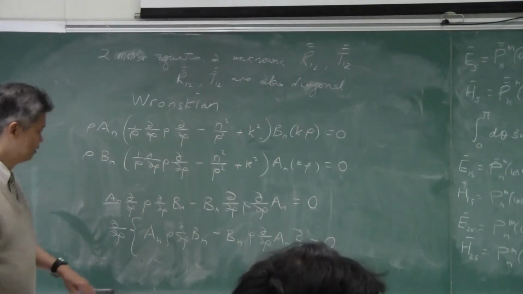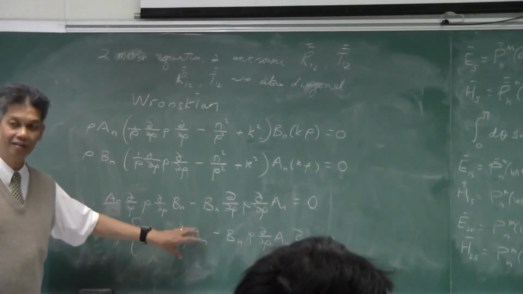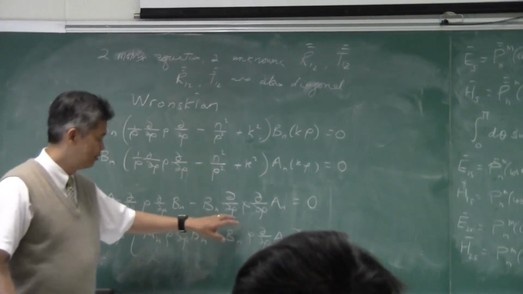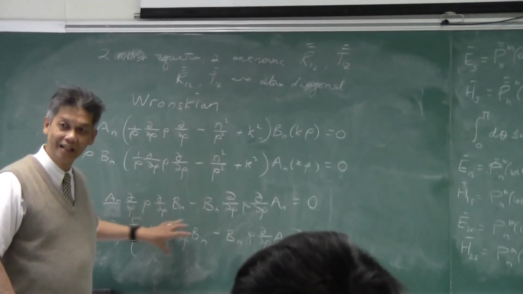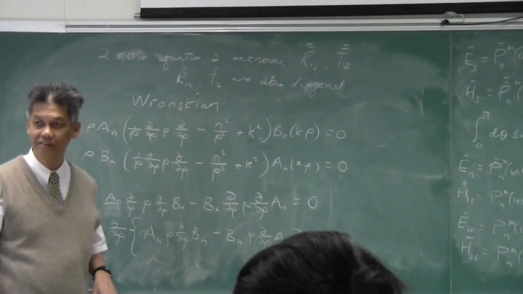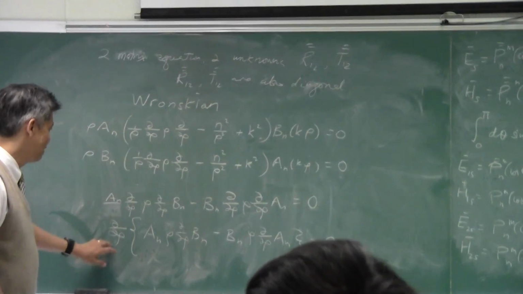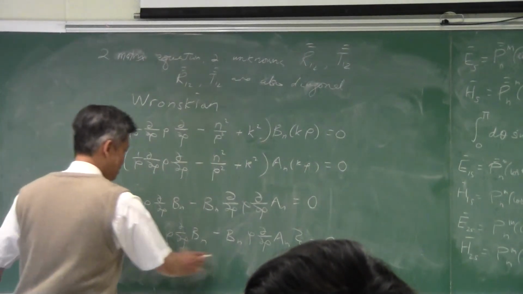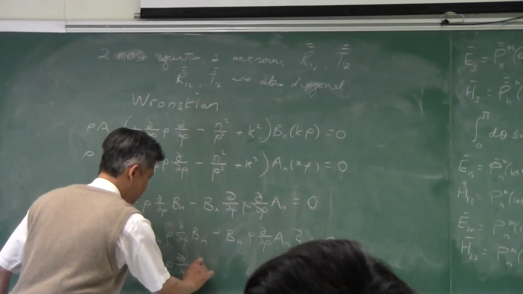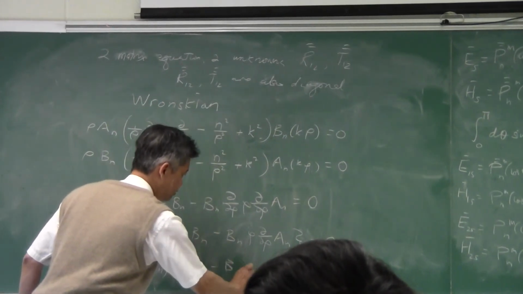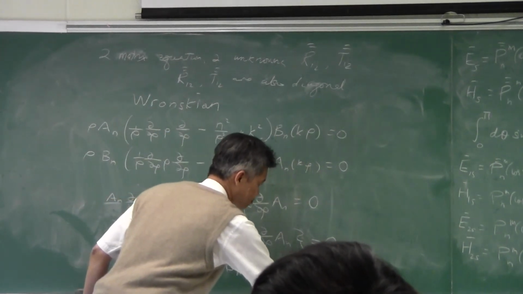This must be true. You take the derivative using the chain rule, you get this term plus the second term. The second term always cancels, like the derivation of Green's theorem. There's always a middle term that cancels. This means that if this is equal to 0, this must be a constant: A_n rho, partial rho B_n minus B_n rho, partial rho A_n is constant.